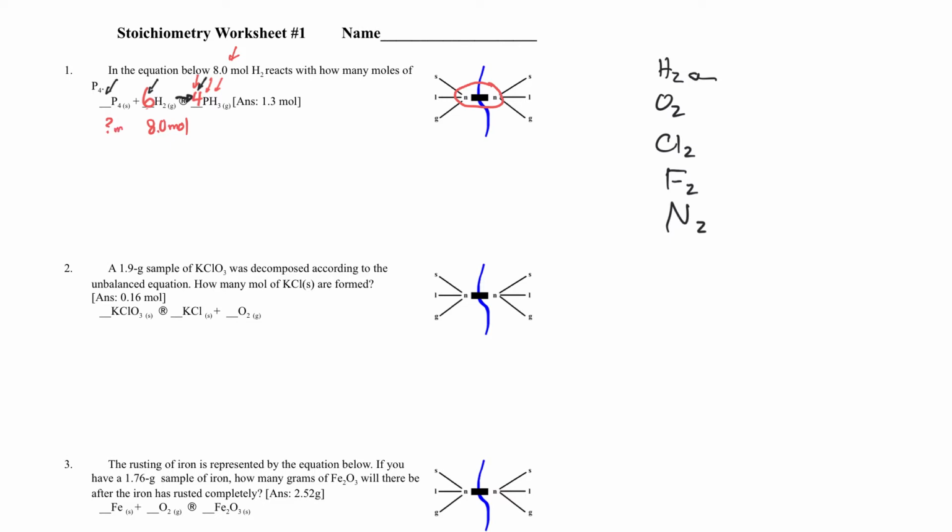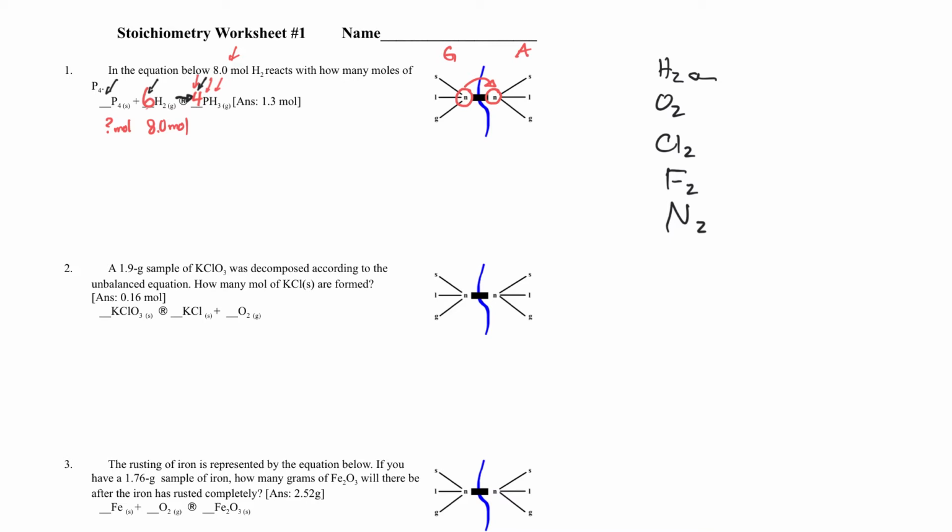So I'm actually starting here, because this is what's given. I'm given 8 moles of hydrogen, and this is what's asked on this side. I'm going there, so I only have 1 step to go.